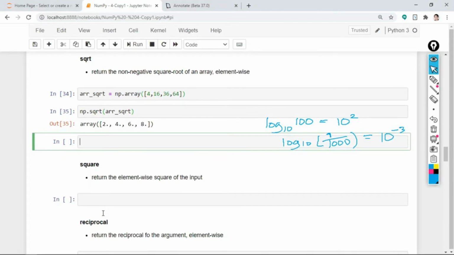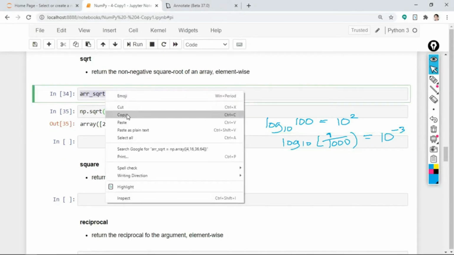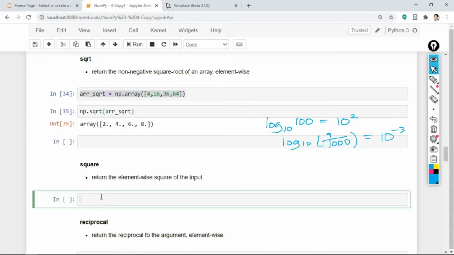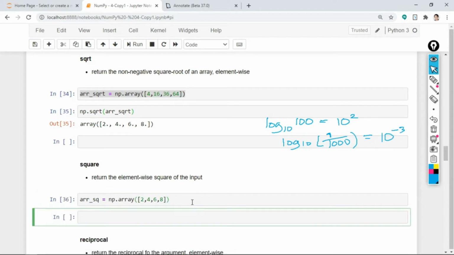So also the square. Let's copy this one. It returns just the square of the number. So for example, I have 2, 4, 6, and 8. Okay, so I'm defining an array, array sq.